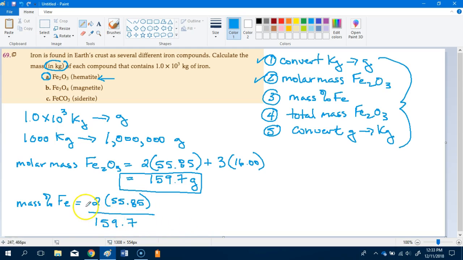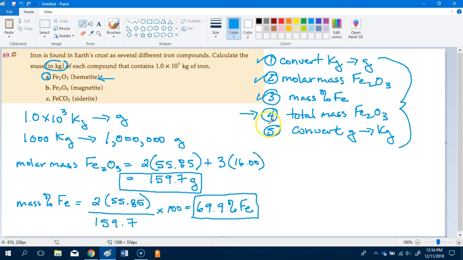This will give us our mass percent of iron, and then multiplied by 100, of course, to get it as a percent. And that gives us 69.9% of hematite is iron. This is a key number here because that's what's going to help us find the total mass of Fe2O3.